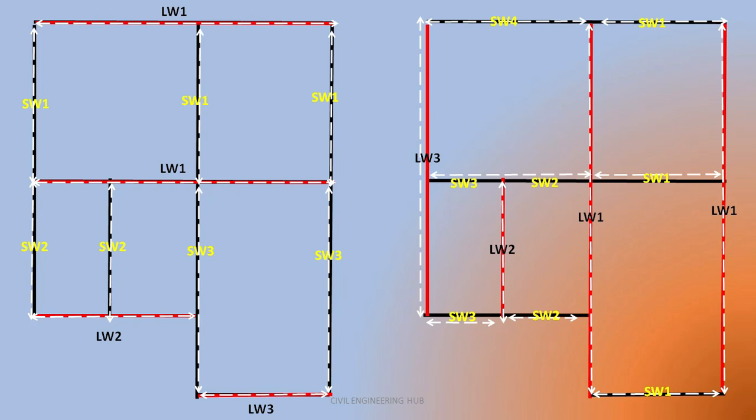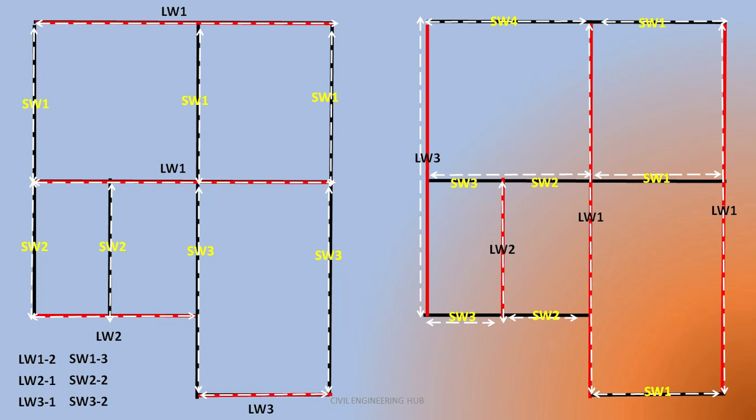So here I have explained that walls having the same length need to be labeled as a long wall and short wall. For the first structure we have long wall 1, 2 numbers, long wall 2, 1 number, long wall 3, 1 number.